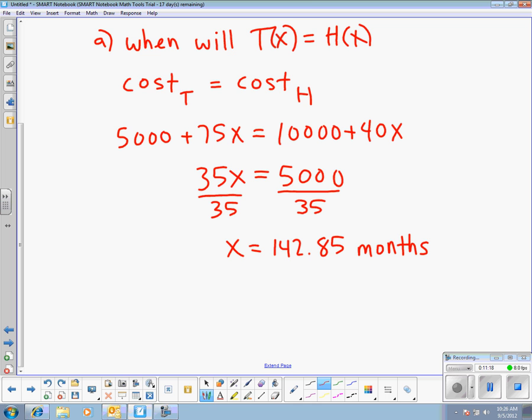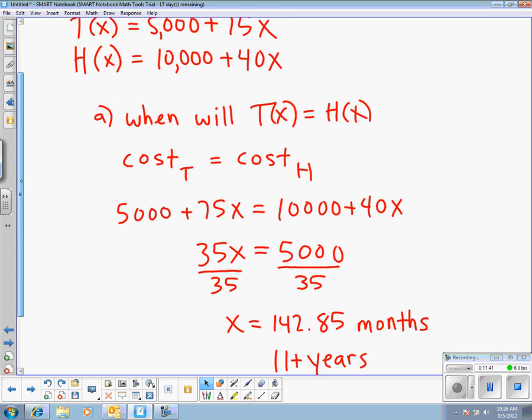Okay, so it's going to take you 142 months, which is 12 years-ish. 144 months would be 12 years. So this is 11 plus years for your truck to cost more than your hybrid. There's obviously a lot of other factors, like whether your truck is broken down at this point.